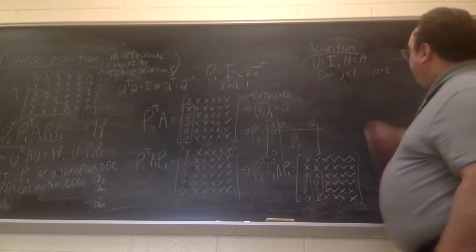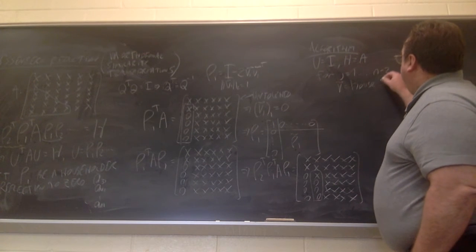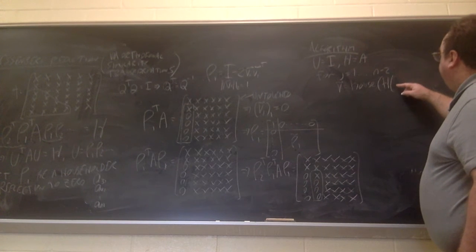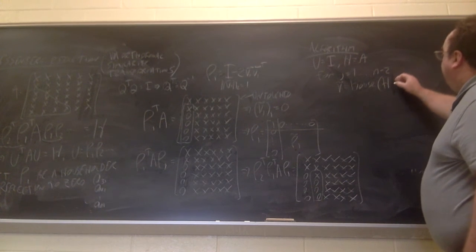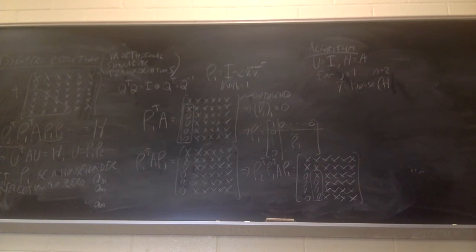So I need a householder vector that covers the entries of H, starting from, so for instance, when j is equal to 1, I want to go from 2 to the end. When j is equal to 2, I want to go from 3 to the end.